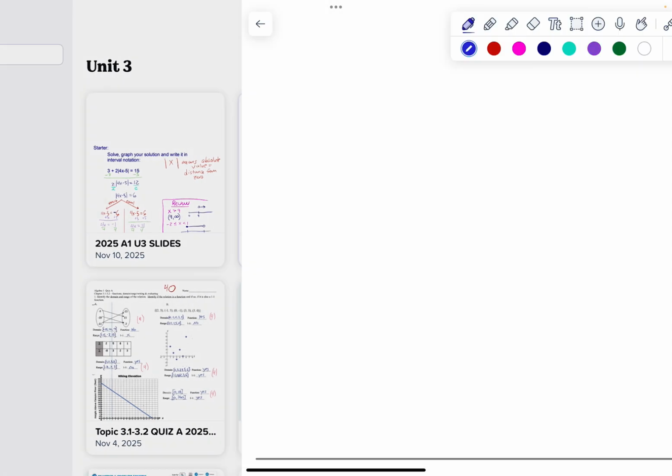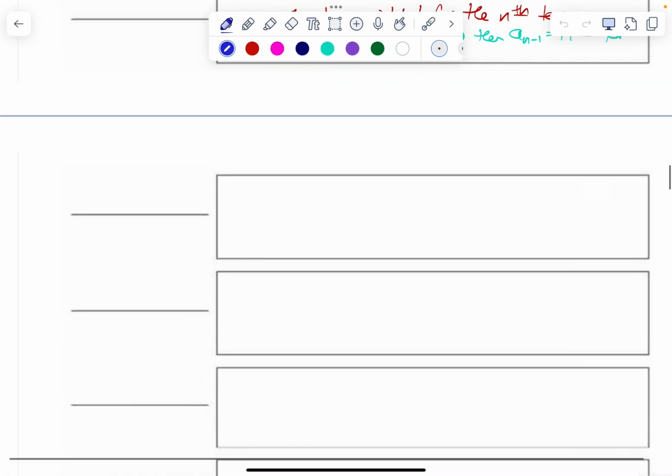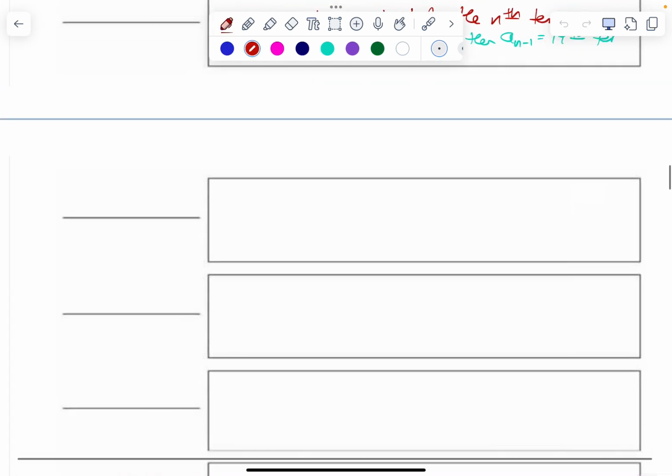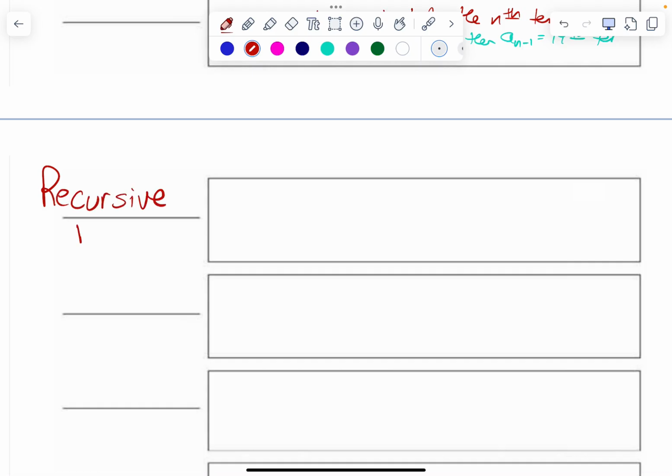Grab your notes again and let's write the recursive formula.